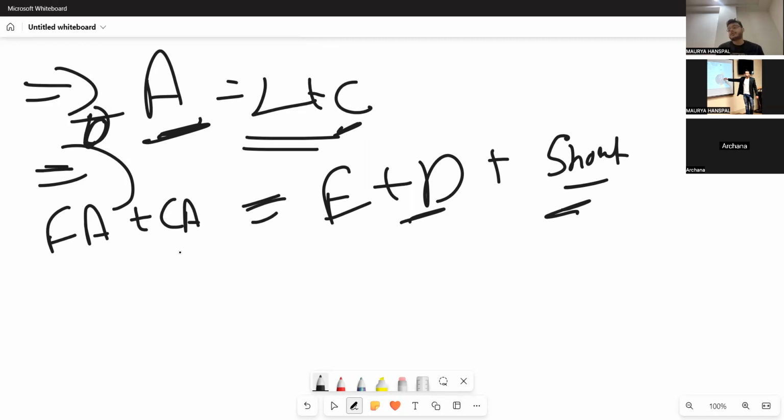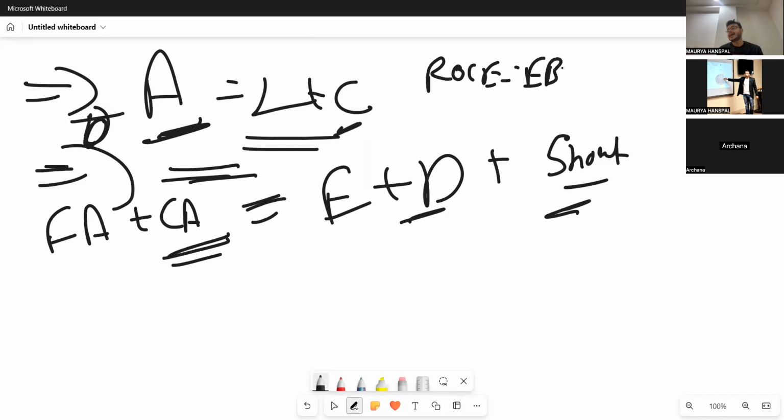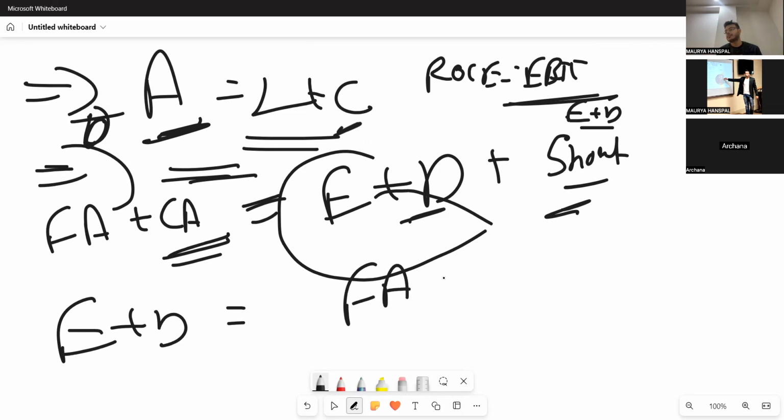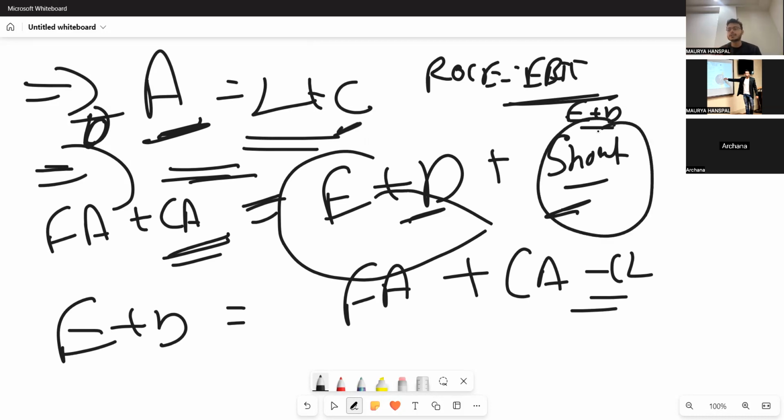Further, how can we derive this? We also know that ROCE is your earnings before interest and tax, EBIT, divided by your equity plus debt, correct? So how can we derive this equity plus debt? If we shuffle these numbers, equity plus debt is nothing but your fixed assets plus your current assets minus current liabilities, because your short-term liabilities are nothing but your current liabilities only.